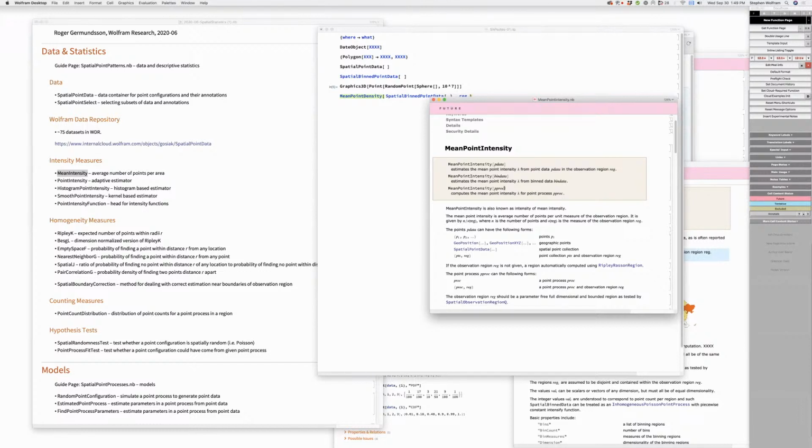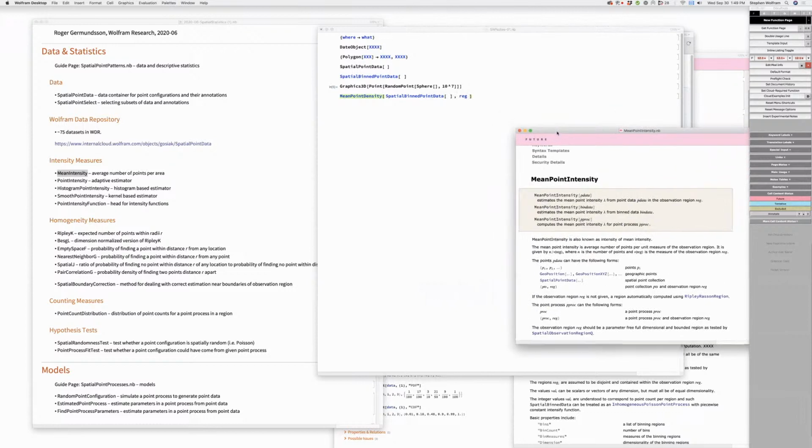In other words, you're cookie cuttering out that region. Does that make sense? Yes, totally. You just select the points which are lying in your subregion, and then you compute the number of points over the area of your subregion. Seems sensible to me. That functionality exists.